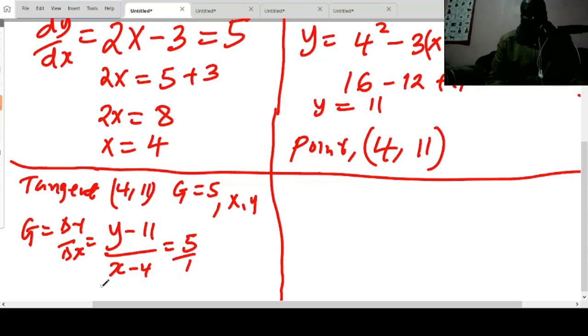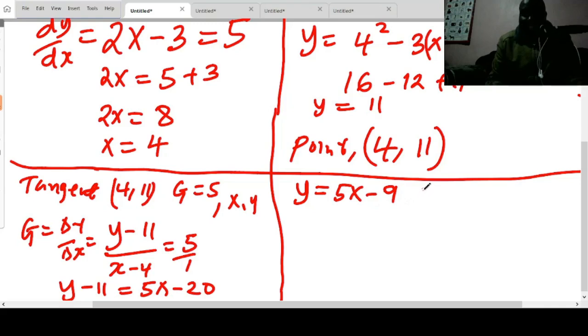We are going to have y minus 11 is equal to 5x minus 20. So finally, y is equal to 5x. You take this on the other side, it becomes minus 20 plus 11. That one is going to be minus 9. And that is the equation of the tangent.